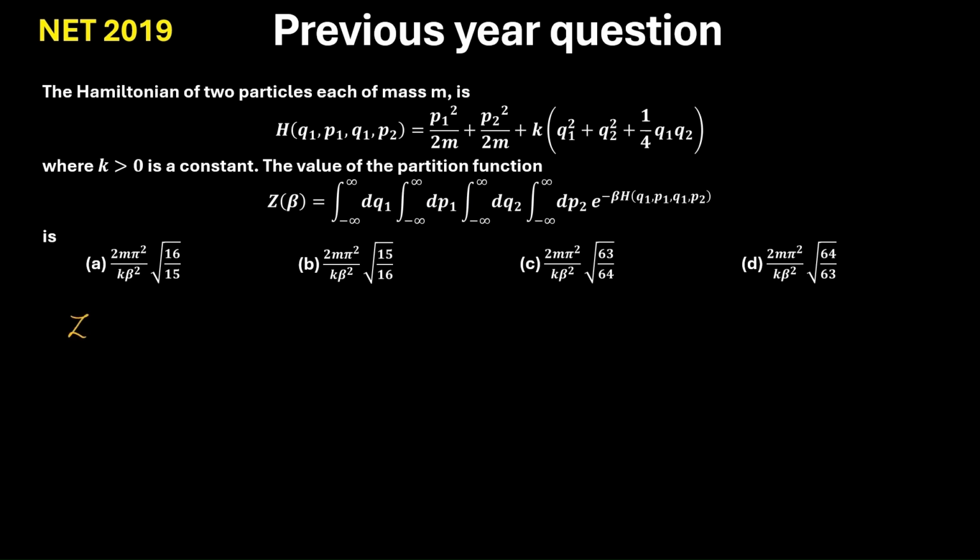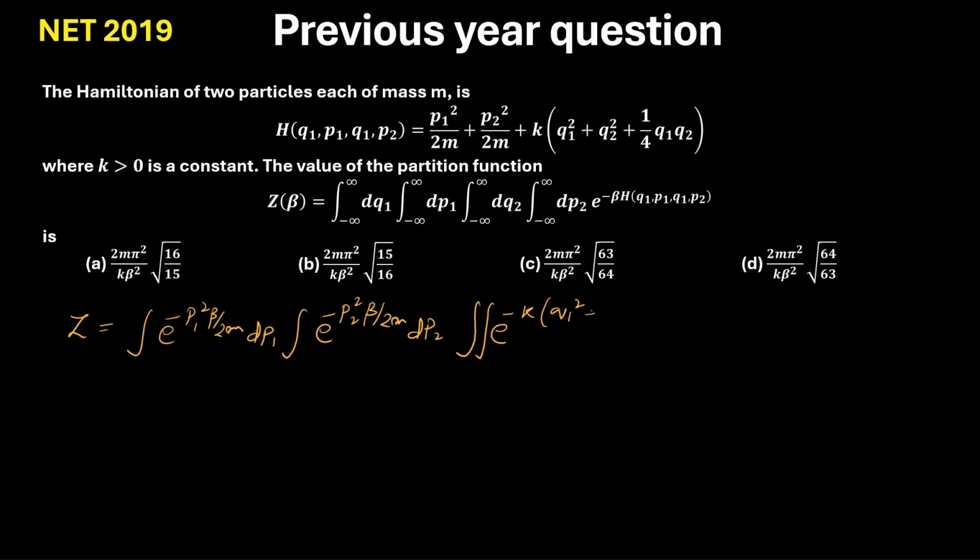So the partition function will be equal to the integration of e to the power minus p1 square beta by 2m dp1, and integration of e to the power minus p2 square beta by 2m dp2, and the double integral of e to the power minus k q1 square plus q2 square plus 1 by 4 q1 q2, beta, into dq1 and dq2.